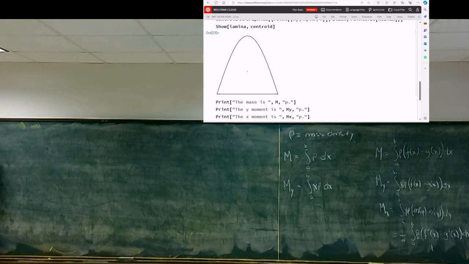So what I'm going to do is for these calculations, I'm going to say without loss of generality, let rho equal 1. So essentially I'm just ignoring rho. Total mass. The integral from minus pi over 2 to pi over 2 of cosine, right?